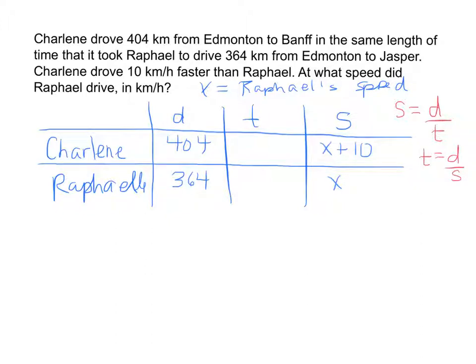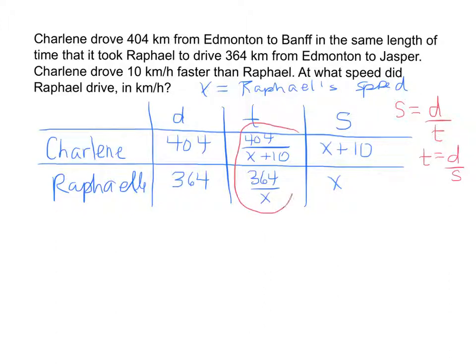So the third column I'm going to fill in using the fact that time is equal to distance over speed. So Charlene's time, 404 over her speed, which is X plus 10. What's Raphael's time? 364 over X, right.